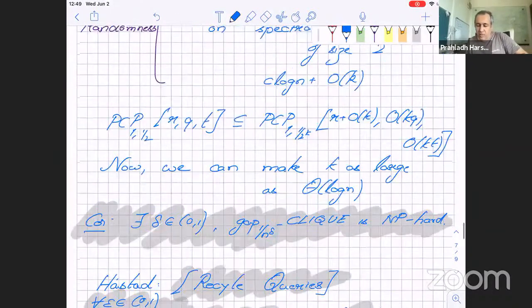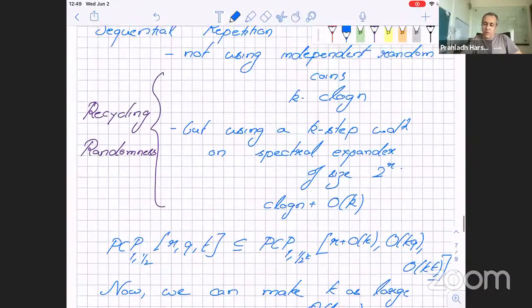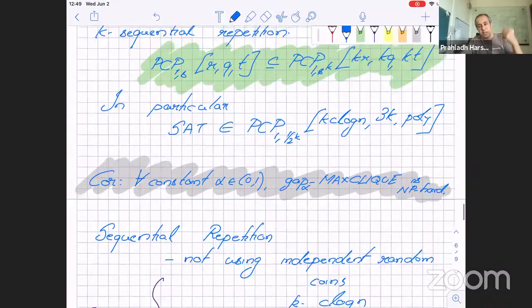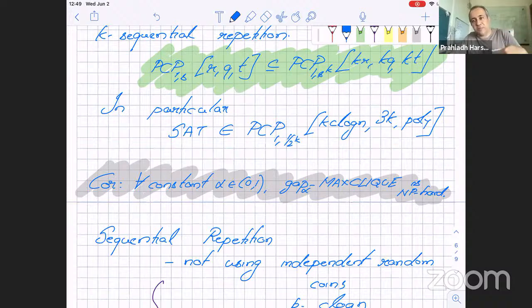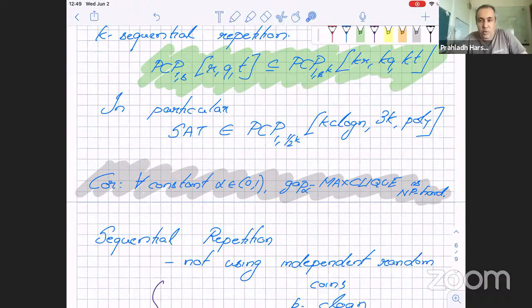So for instance, over here, if you look at this result, each time you make an extra 3 queries, the soundness falls by a factor half. So every 3 queries, the soundness falls by a factor half. This is what we showed over here. Here, you make 3 more queries, the soundness falls by a factor 1 by 2. What Håstad wanted to understand is, do you need 3 queries for the soundness to fall by half?